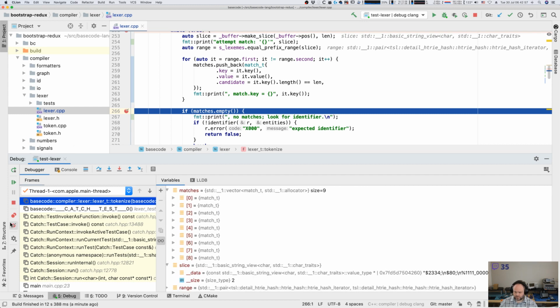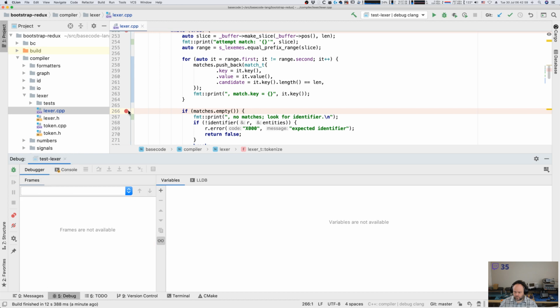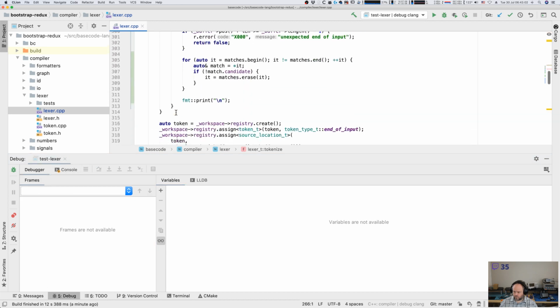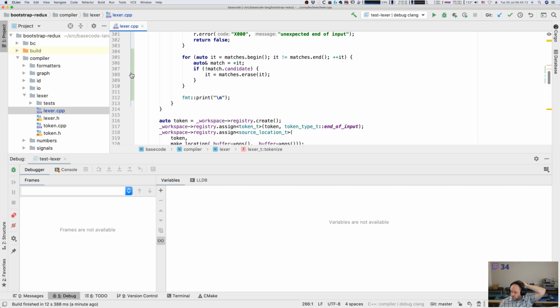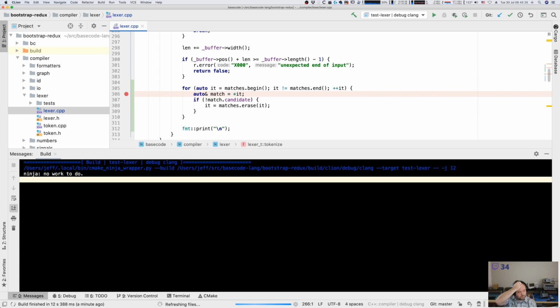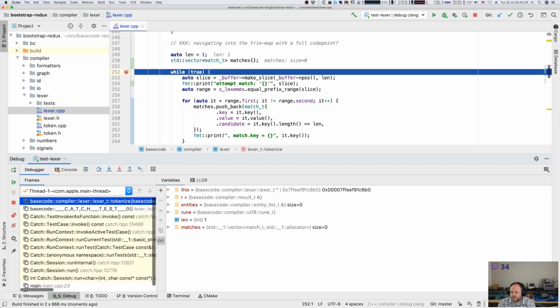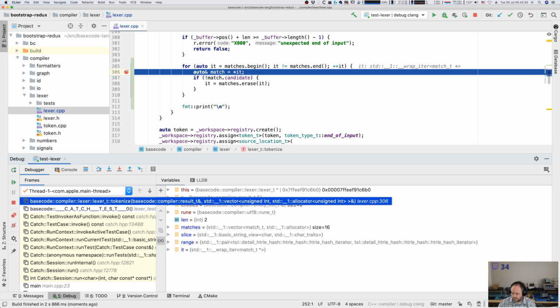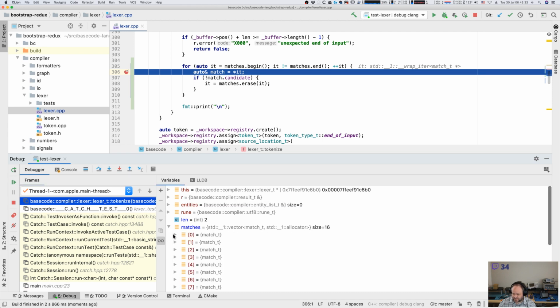Well, that might be problem number one. Doesn't appear to be scrubbing. So matches has 16 things in here.